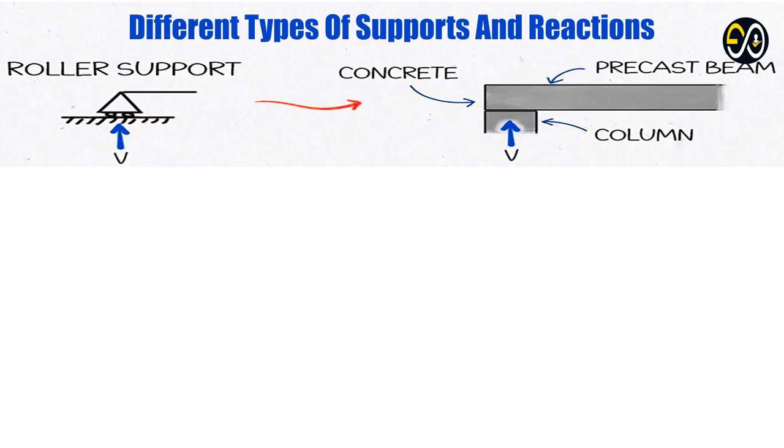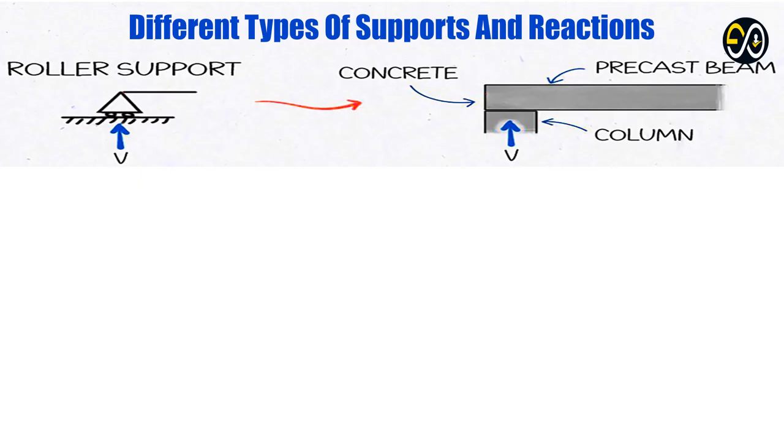Then that is equivalent to having a hinge with a roller at the bottom. If there is a roller at the bottom, what happens is this beam can move like this. It is allowed to move in the horizontal way.